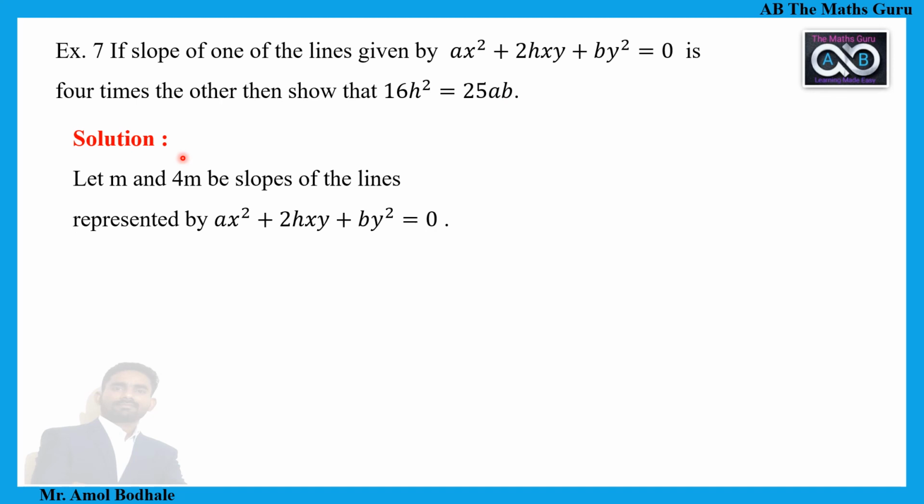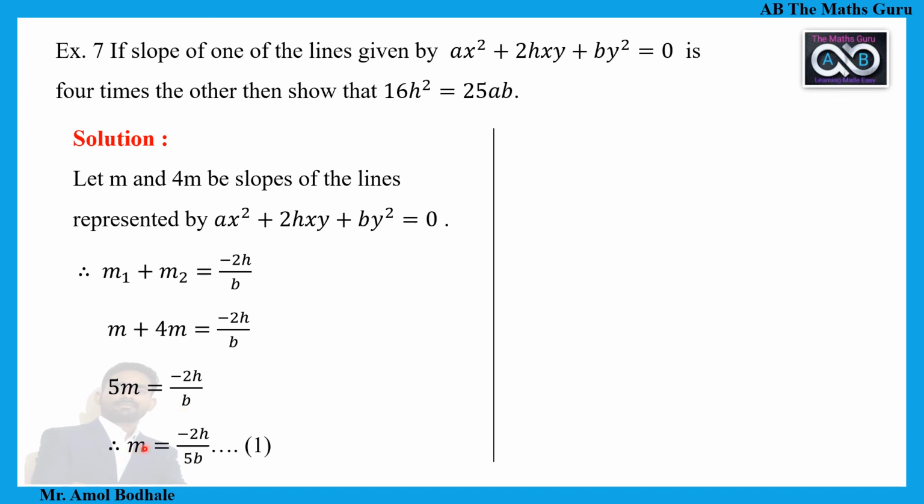So here let one slope be m and the other slope be 4m, as the slope is 4 times the other one. Here m1 plus m2 is minus 2h upon b, and m1 is m and m2 is 4m. So we get 5m equal to minus 2h upon b.